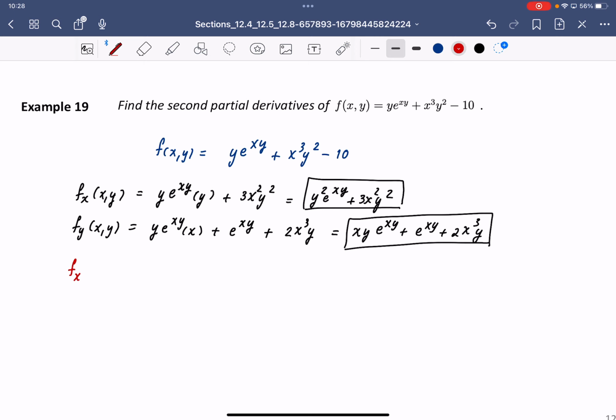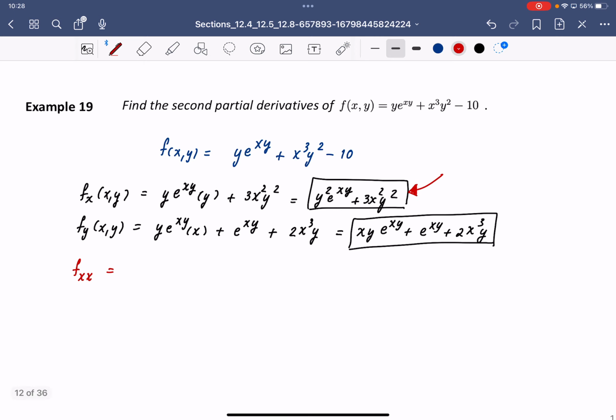F differentiate 2 times with respect to x, so you carry this one that I put the arrow sign on, and you differentiate one more time. Here, y squared is constant, so you get e to the xy, and then you differentiate one more time, so you get y cubed e to the xy, plus the 3xy squared here, which you differentiate with respect to x, so you get 6xy squared.